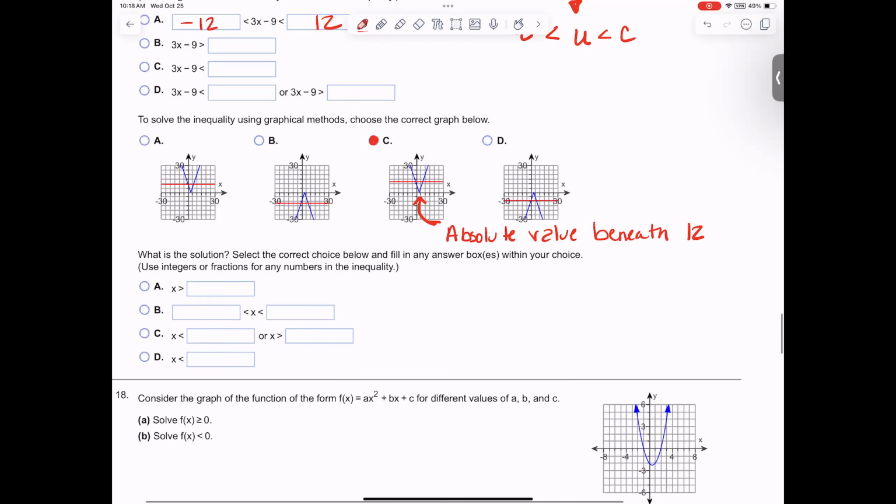It's between -1 and 7. So this intersection right here on the left is -1, 12, and the one on the right is 7, 12. So it's between -1 and 7 that it's below that horizontal line. Okay.